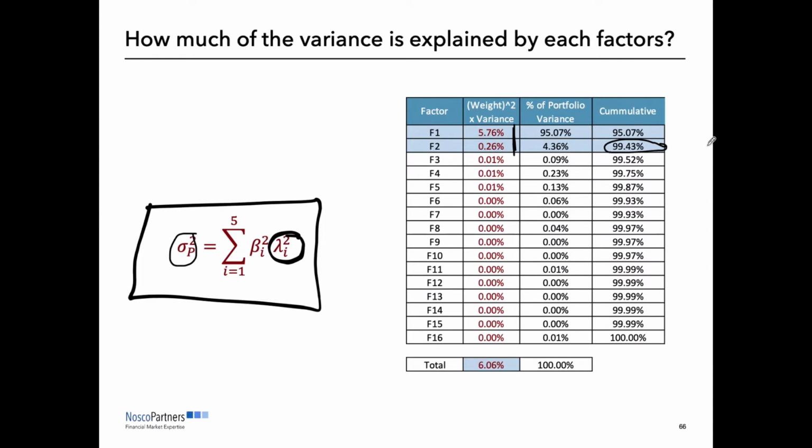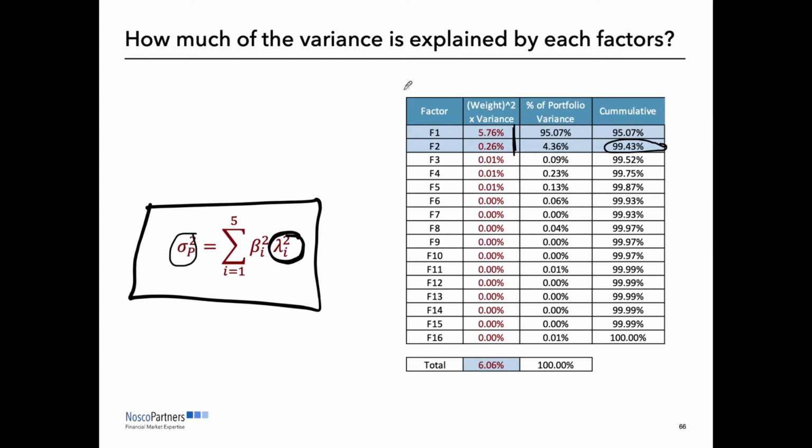So that means if I'm interested in diversified portfolios where a lot of company-specific risk is diversifying away, maybe I don't have to consider all the factors. Maybe a few factors is all I need. And that's what you can see.